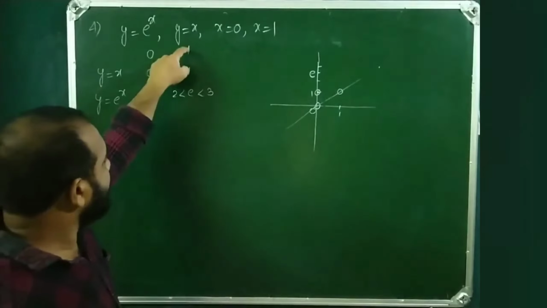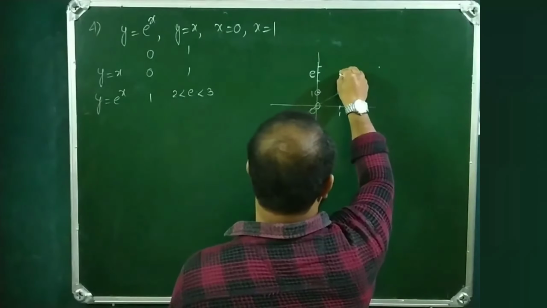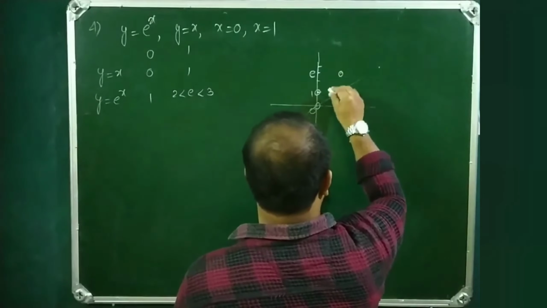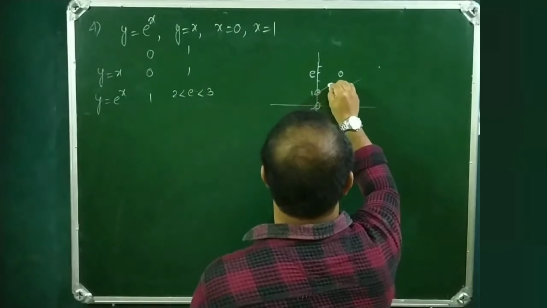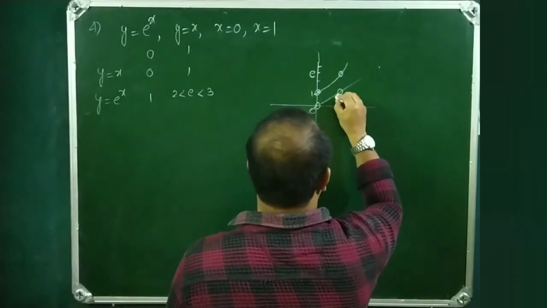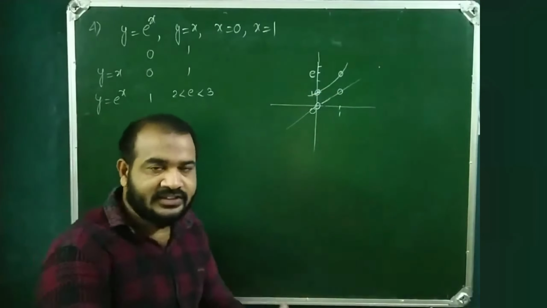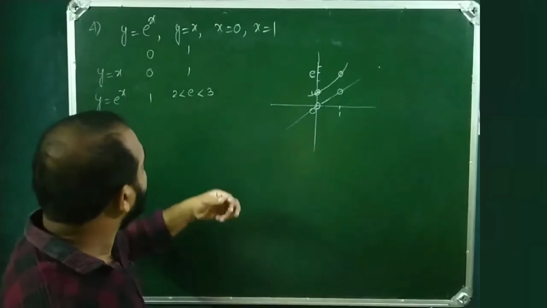And 1, e is somewhere here. So this kind of a curve we are getting. And actually we can even extend it also, but not required.